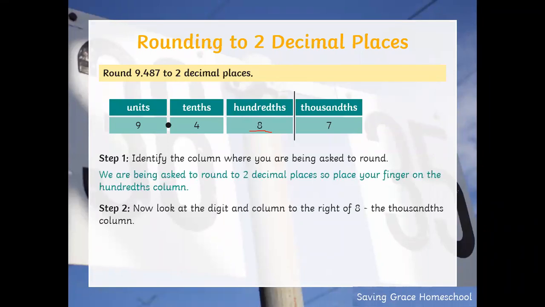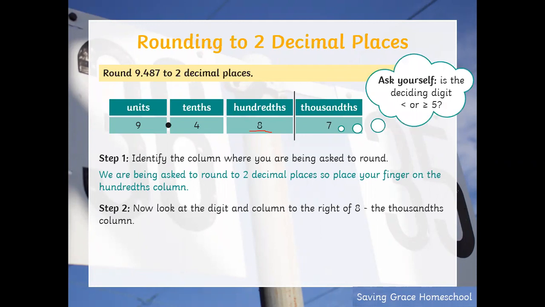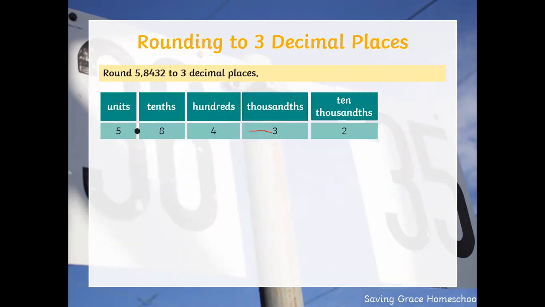And then you look at the digit in the column to the right of 8. The thousandth column, is it higher or smaller? Is it higher or equal to 5 or smaller than 5? It's higher. Therefore, the hundredth will go 1 step higher. And it must round up. So 9.487 will be rounded to 2 decimal points to 9.49.